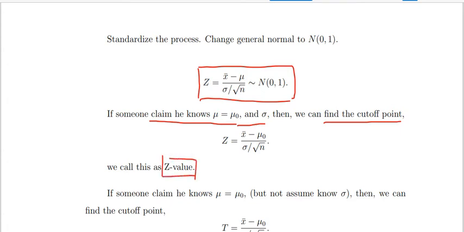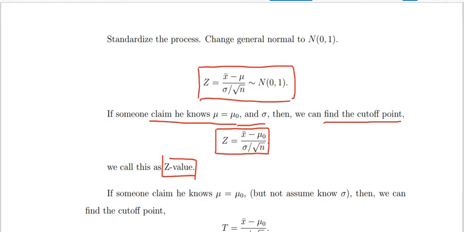We take a sample and have x bar, and mu equals mu 0, and sigma equals that sigma, so we can find this number. This is the cutoff point.